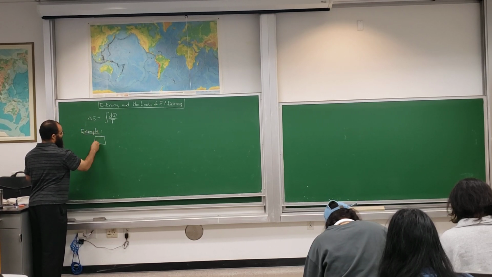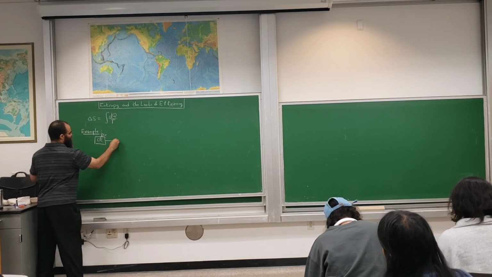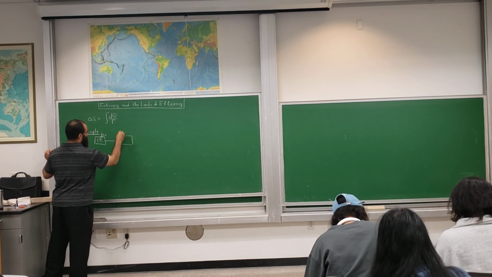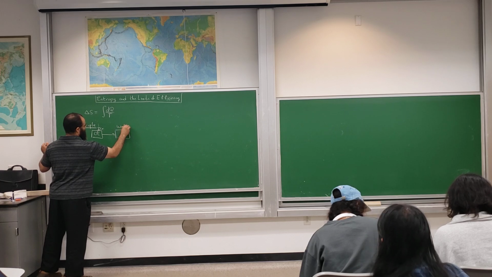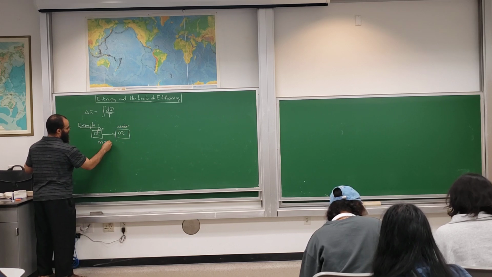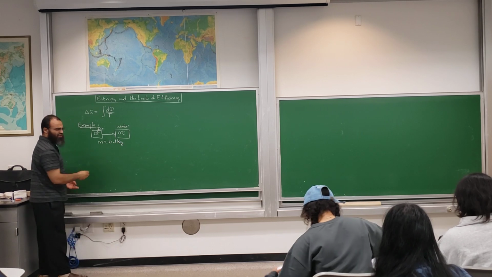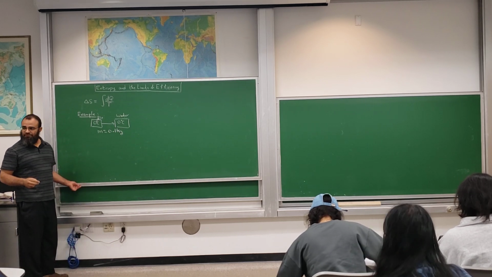So 0 degrees Celsius, ice melts, becomes water at 0 degrees Celsius, and the mass is 100 grams or 0.1 kilograms. And the question is, find the change in entropy.